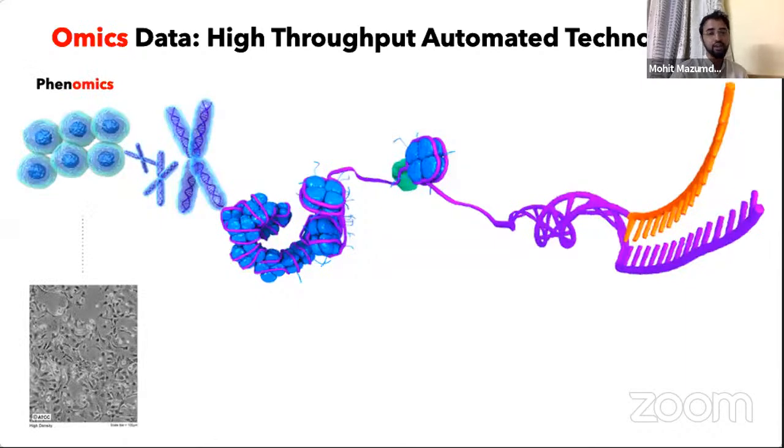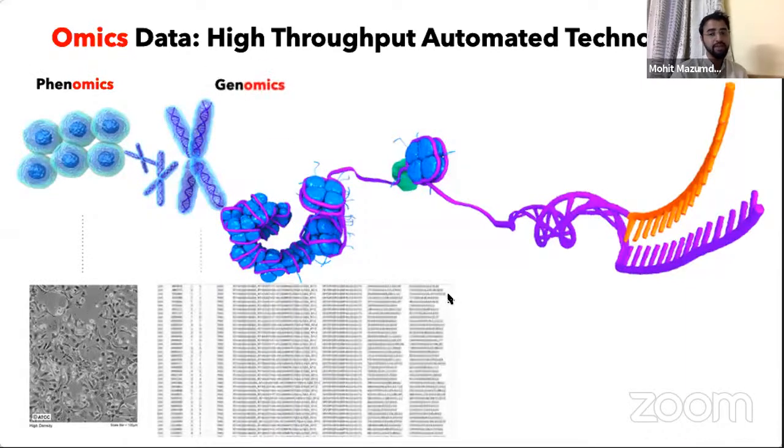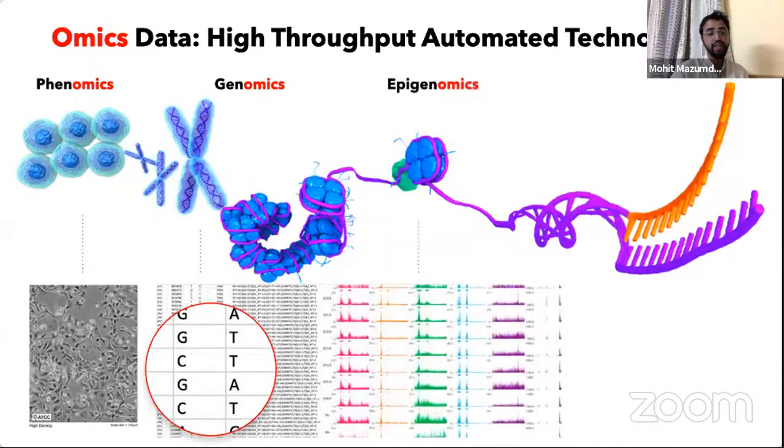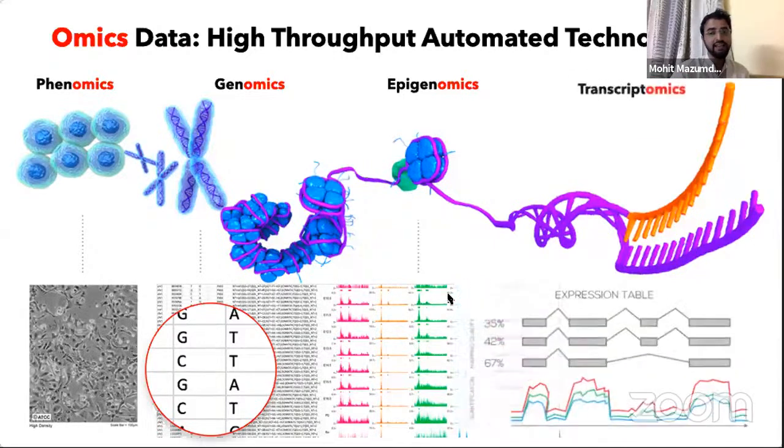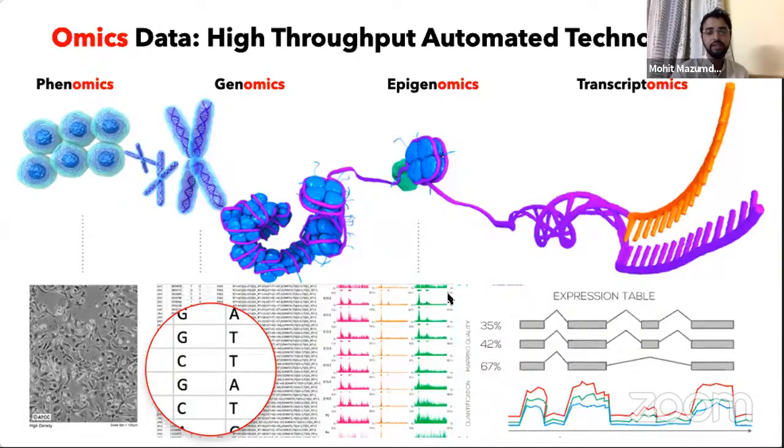Omics data includes phenomics, genomics, epigenomics technologies. These technologies are so important in today's world because they can be used to explore the roles, relationships, and actions of various types of molecules that make up a cell of an organism.